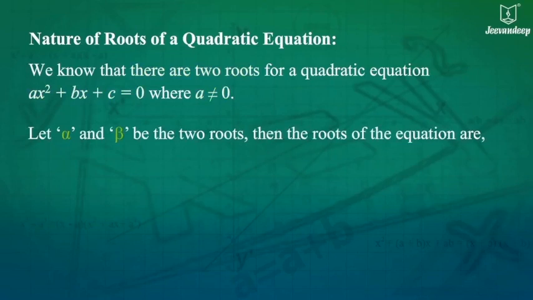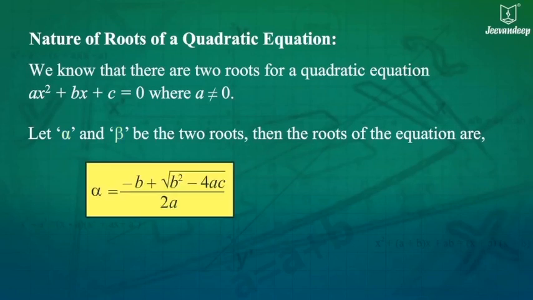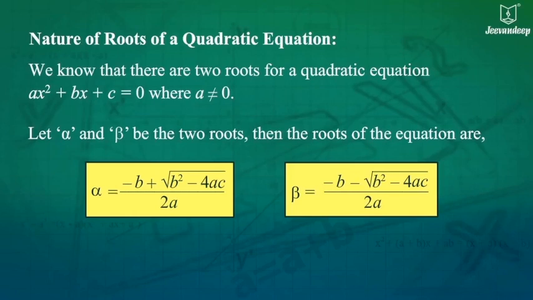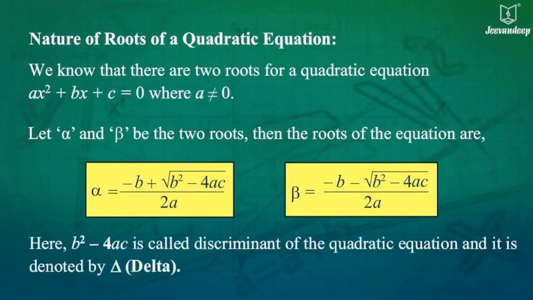Then the roots of the equation are alpha = (-b + √(b² - 4ac))/2a and beta = (-b - √(b² - 4ac))/2a. Here, b² - 4ac is called the discriminant of the quadratic equation and it is denoted by delta.